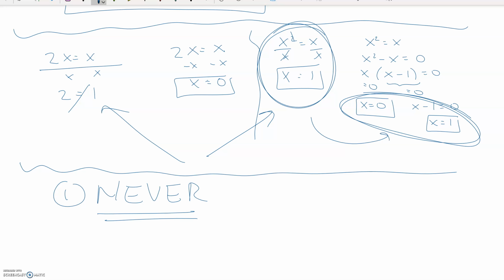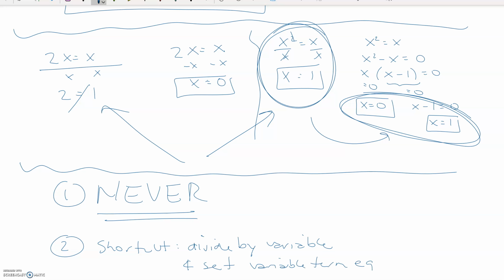It'll mess you up. Or if you think that you can remember, you can say, okay, well, as a shortcut, I can divide by the variable, but then I always have to remember to set the variable term equal to 0.